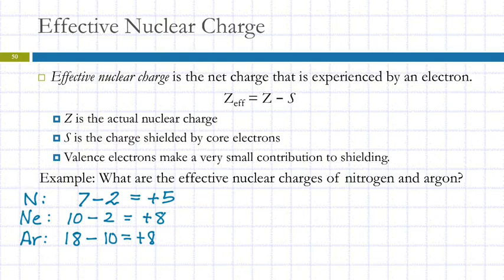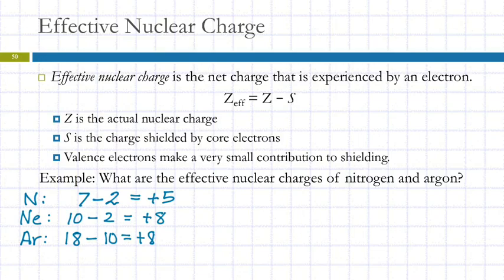Nitrogen and neon, their valence electrons are in the same principal level, the second level, right? Nitrogen's valence electrons experience an effective nuclear charge of +5. Neon's experience an effective nuclear charge of +8. Well, that +8 charge is going to pull those valence electrons closer to the nucleus. Does that make sense?